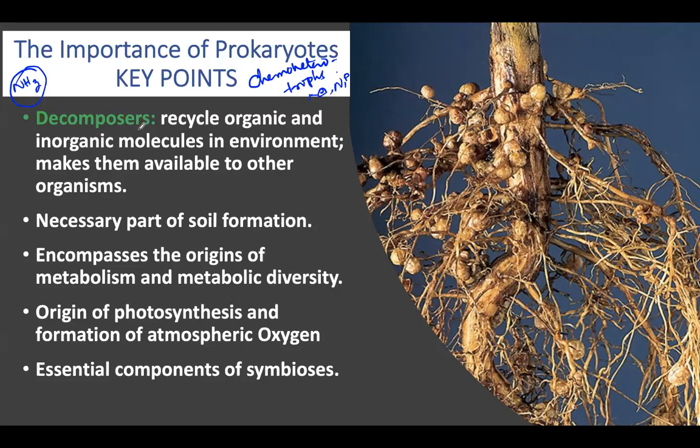If they do not do that, then we are going to lose all these chemicals. They are also a necessary part of soil formation. All these prokaryotes, by decomposing or by making biofilm, make the soil. They enrich the soil. That's very important.